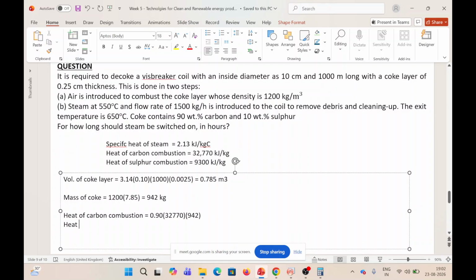Similarly, heat of sulfur combustion is going to be equal to 0.10 times 9300 times 942. So what is the value?